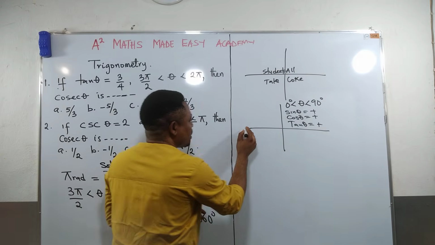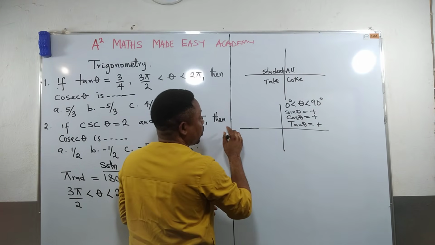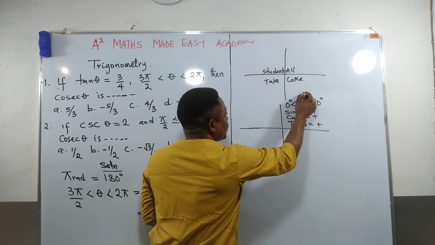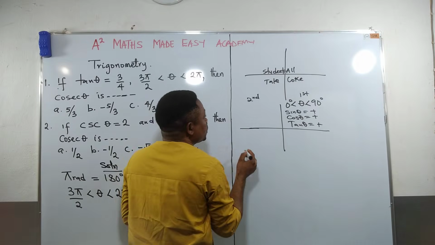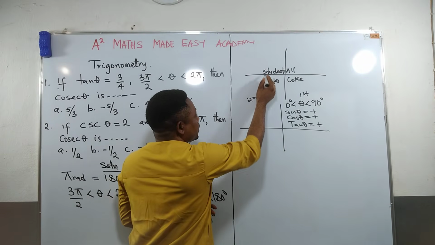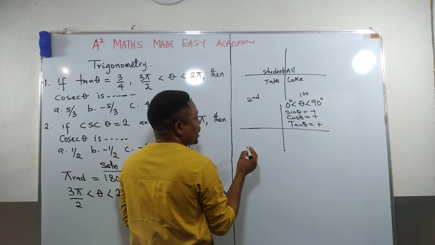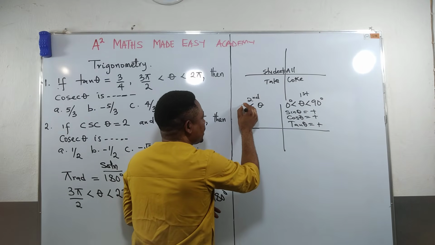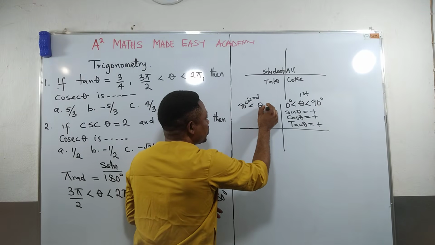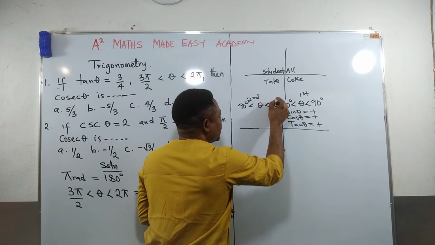Now I want us to move to the second quadrant. This is called the first quadrant. This one is called the second quadrant. So what does it imply? This S for Students stands for sine. Theta here is greater than 90 degrees but less than 180 degrees.